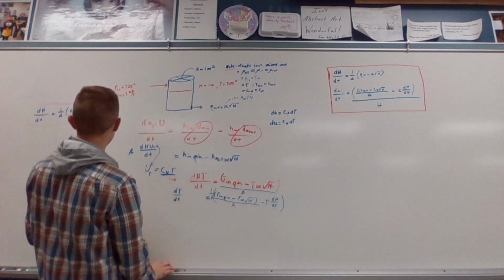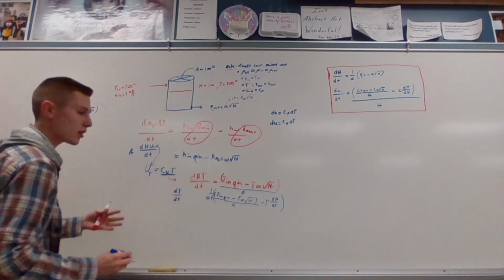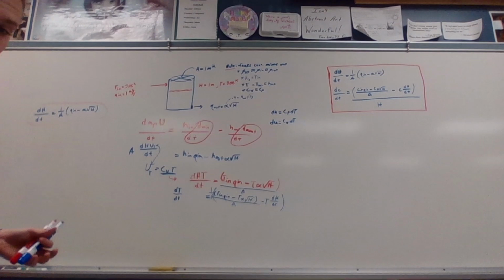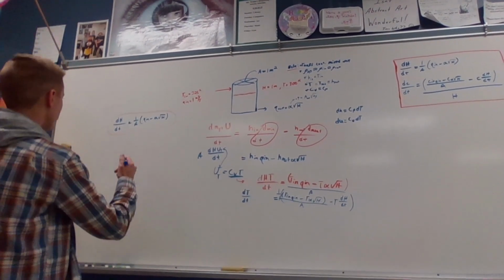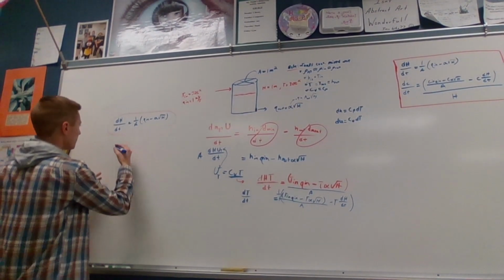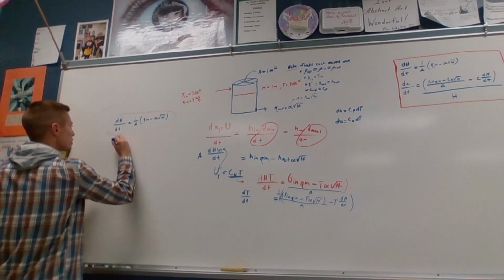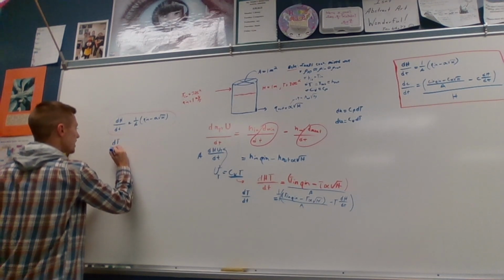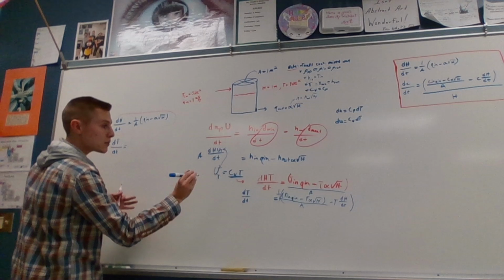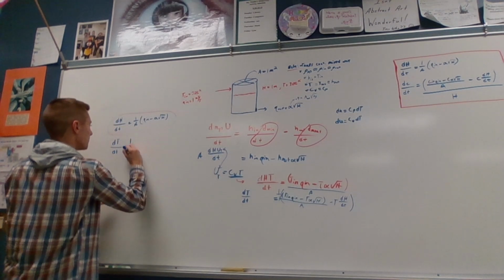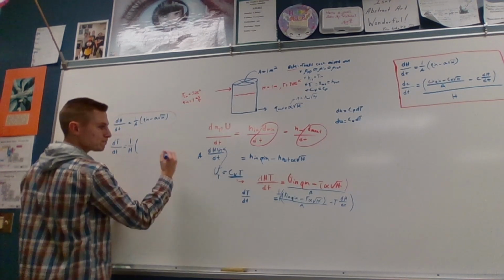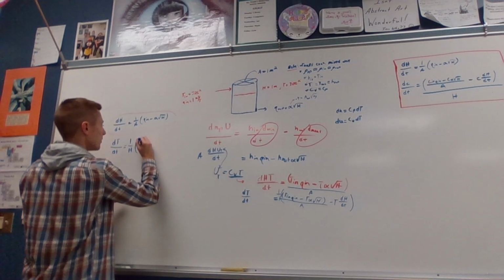Let's go ahead and write it in a more simplified, easier to see term here. So our last equation, which we just derived, is a small change in temperature divided by a small change in time is equal to our inside here.